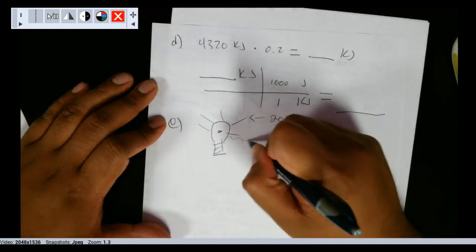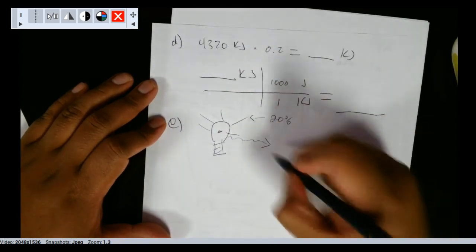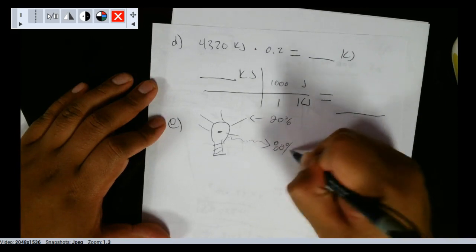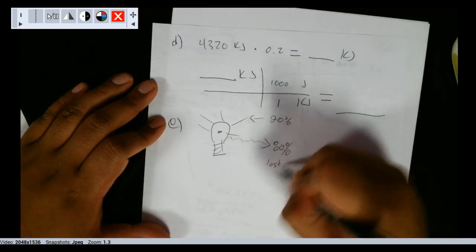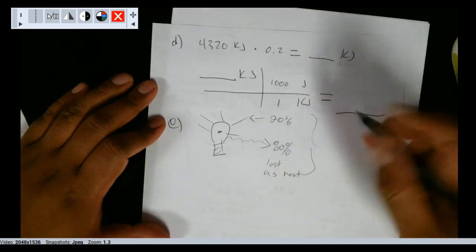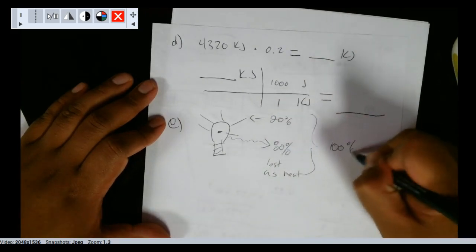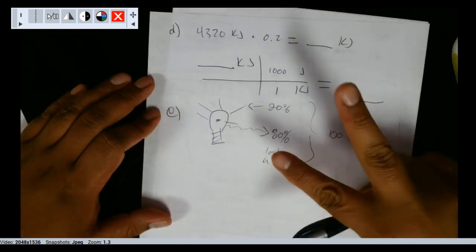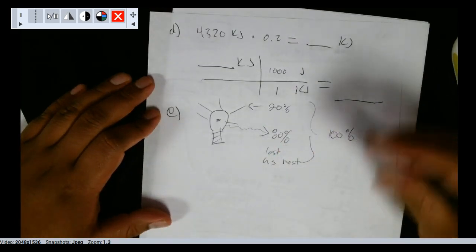The other 80%, remember those incandescent bulbs are really hot, 80% of it is being lost as heat. Together, it equals 100%.